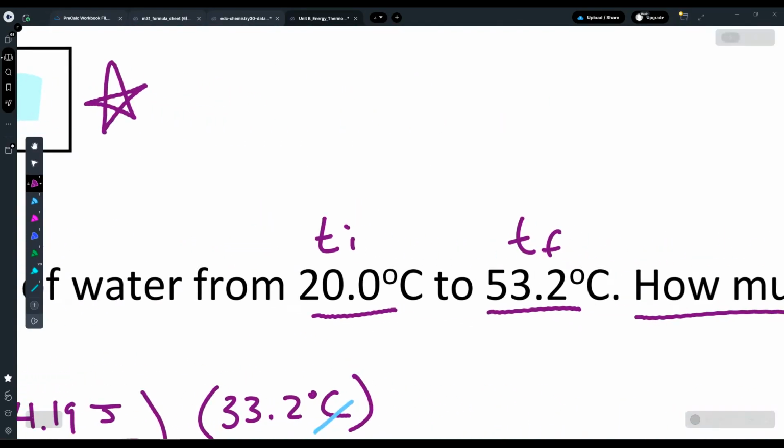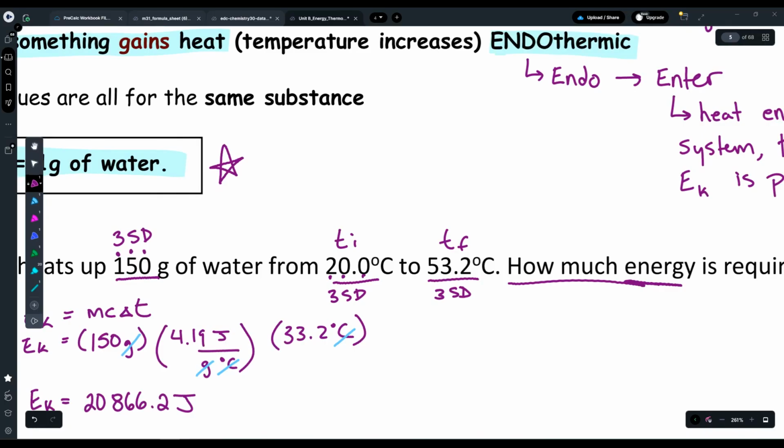Same with 20 degrees Celsius. The 2, 0, and 0 are all significant because the zeros are trailing zeros, so they count. So this also has 3 sig digs, and our final temperature also has 3 sig digs. So trailing zeros count. Zeros in between non-zero digits, I call them sandwich zeros, count as significant.